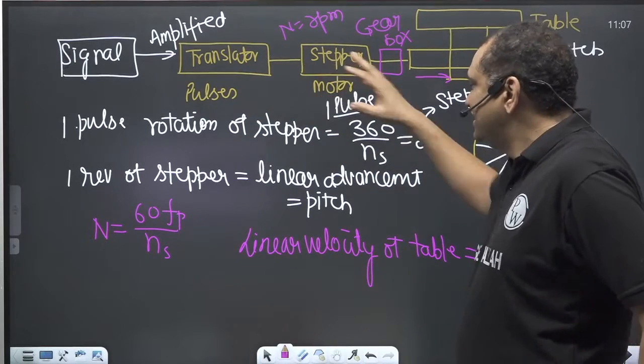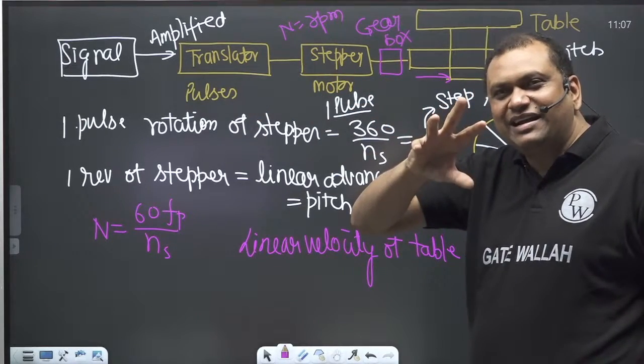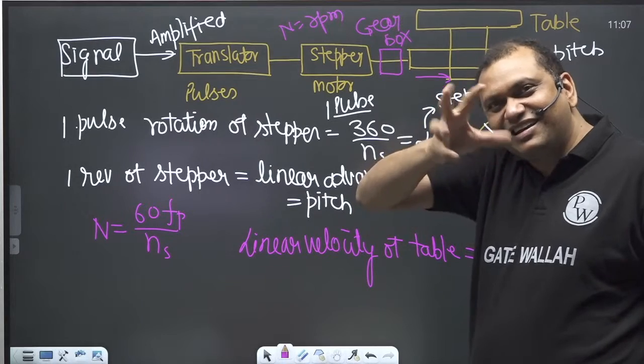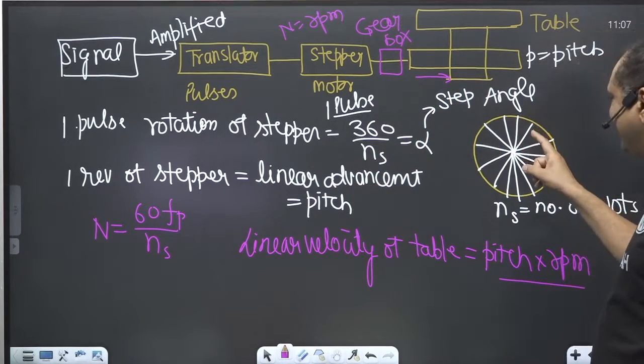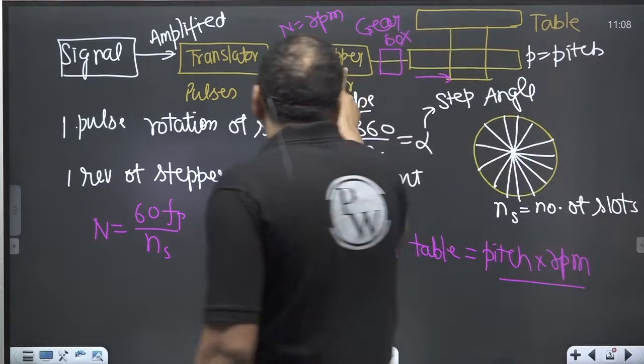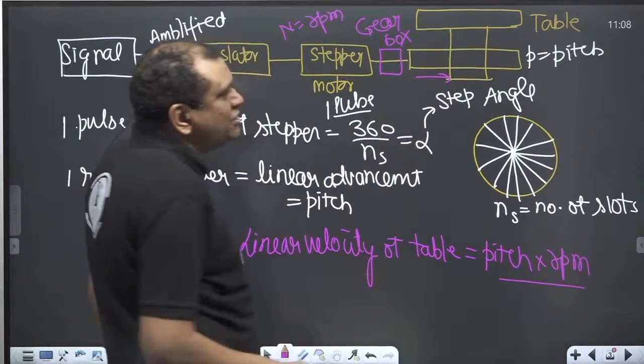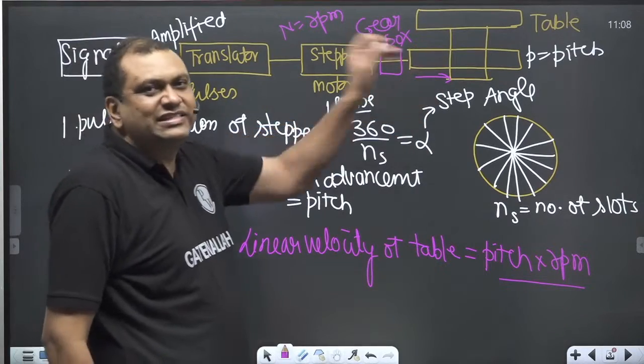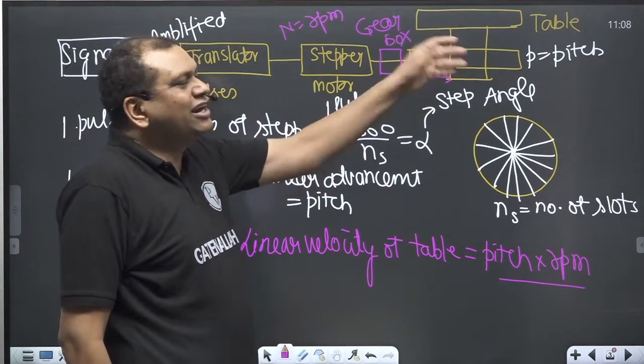One pulse, the stepper advances by one step angle. One rotation of the stepper will be 1 pitch advancement of the lead screw if it is a single start. If it is a double start, 2 pitch.